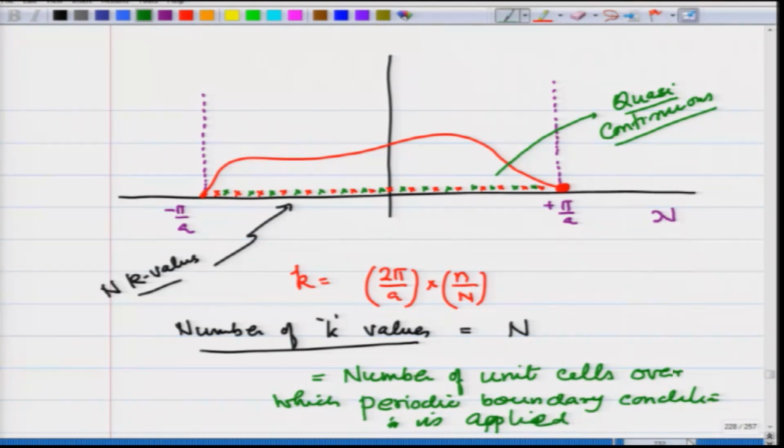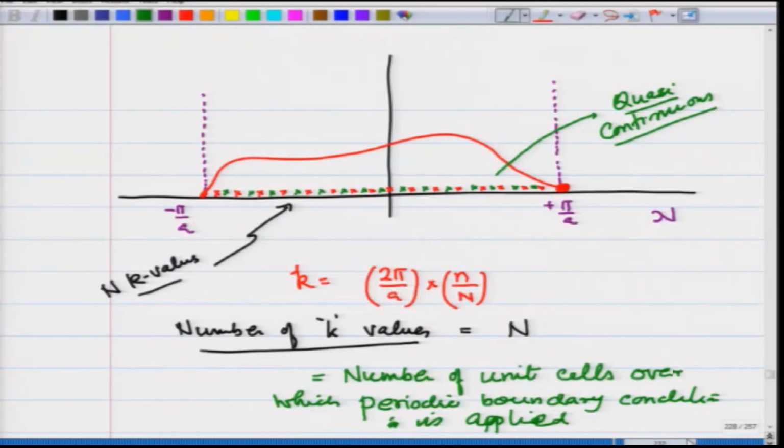So, the number of k values in a band, or number of states in a band, is precisely equal to N, the number of unit cells over which we are applying the periodic boundary conditions. Recall that this was precisely the same thing that was there for free electrons as well as the phonon modes. So, when you apply these periodic boundary conditions, results are actually quite general, they are the same for all sorts of waves. So, N is the number of k values.